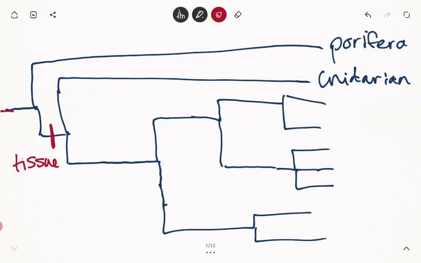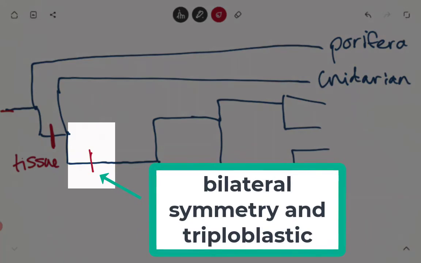So that means that everything past this point in the evolutionary tree has specialized tissues. So even though cnidarians only have two tissue layers, endoderm and ectoderm, they still have specialized tissues. After this point right here in our phylogenetic tree, we see everything past this point is bilaterally symmetrical.